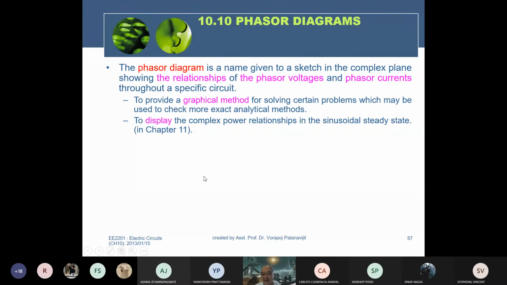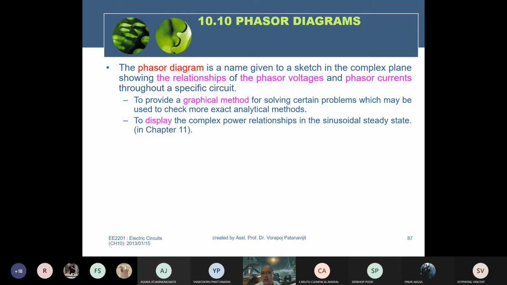The key for the phasor, you may find it weird, an abnormal plotting, because we plot the current and the voltage in the same diagram, even though they have different units. You can see that 5 volts cannot be compared with 10 amps.